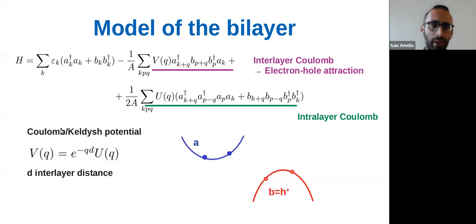When I say Coulomb, by the way, in this case, I mean some screened version of the Coulomb potential that is called the Keldysh potential. And an important ingredient is the interlayer distance between the two layers, that will give a factor in momentum space like e to the minus qd, typically, at least for Coulomb.